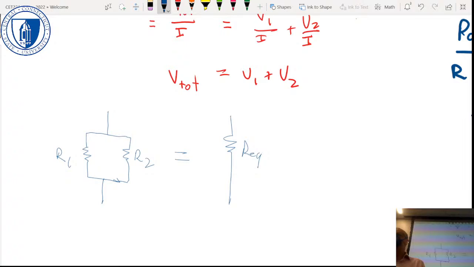Right, there we go. So let's go with combination, and we need to talk about voltage dividers and current dividers.